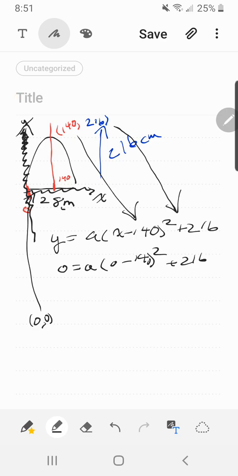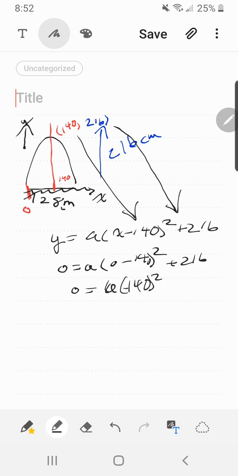Now, when you're doing that, you're going to have to take a moment and figure out what 140 squared is, because you're going to get 0 is equal to 1a times 140 squared. So negative 140 squared plus 216.